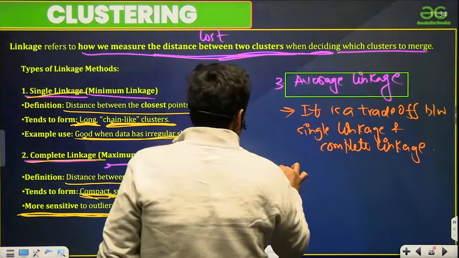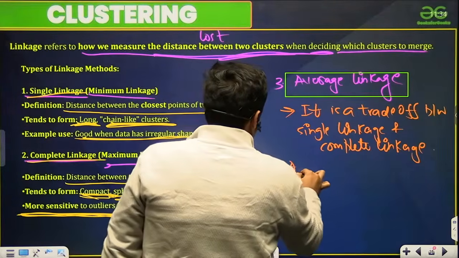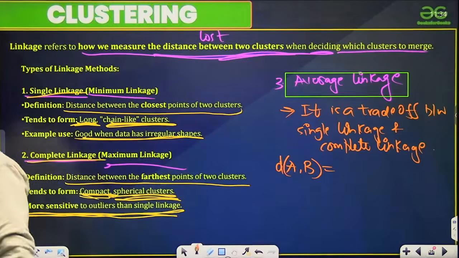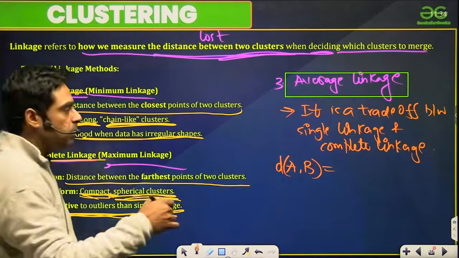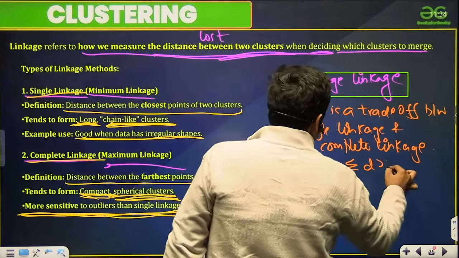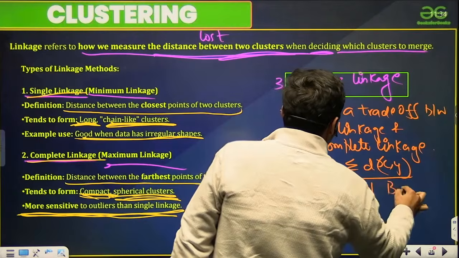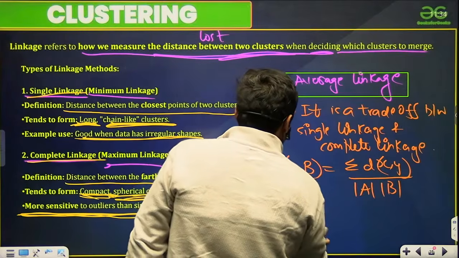For example, I need to find the distance between two clusters, A and B. That is given by the summation of distance between X and Y, upon the number of elements in cluster A times the number of elements in cluster B, where X belongs to cluster A and Y belongs to cluster B.